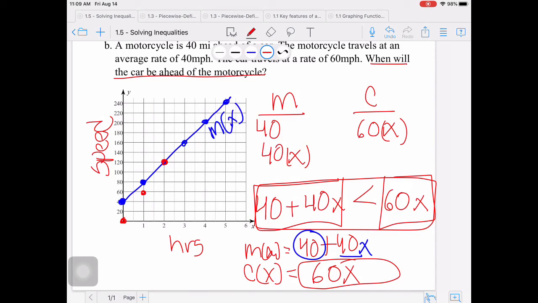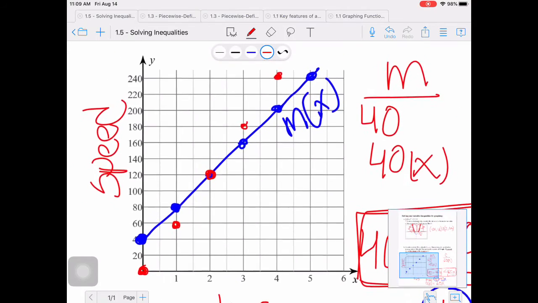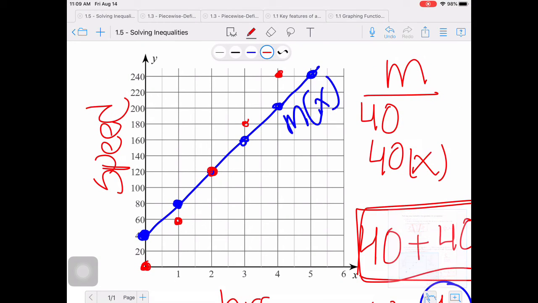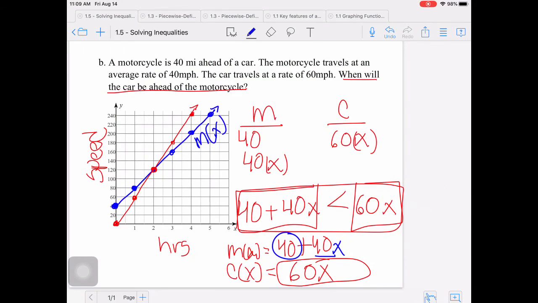And then another 60 over 1, right there. And then again 60 over 1, right there. So there is my linear function for the car. Cool. Alright. So there's my graphical representation.